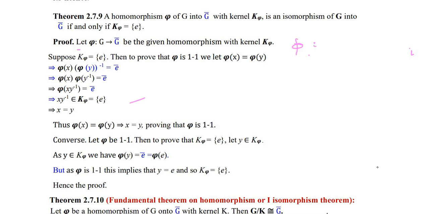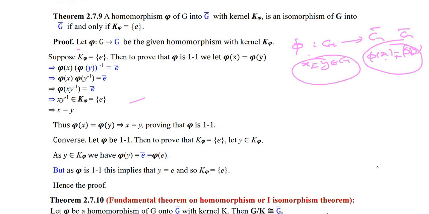So for any x and y in G, phi of x and phi of y are in G bar. So for 1 to 1 you have to consider two elements in the codomain to be the same, and you have to show that the pre-images, namely x and y in G, are equal. So this is our aim.